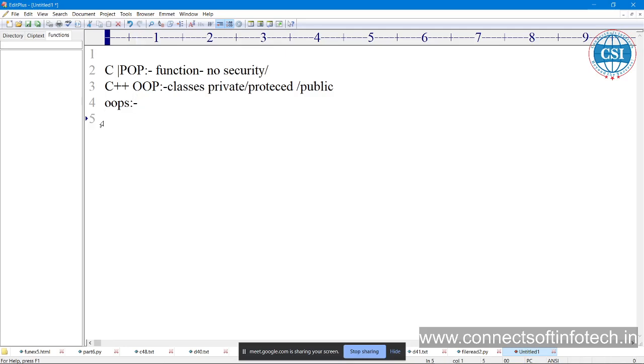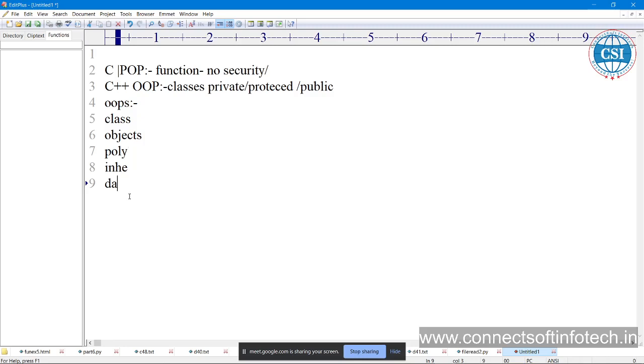So which is the object oriented programming language? The programming language which follows the properties of OOPS. Then what are the properties of OOPS? That is class, object, polymorphism, inheritance, data encapsulation, abstraction, and exception handling.